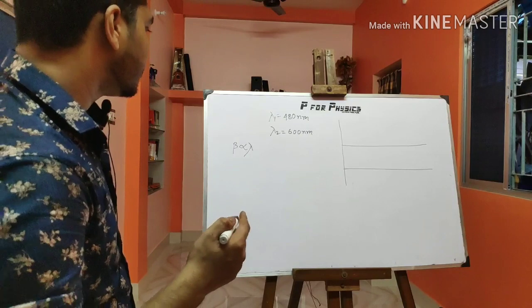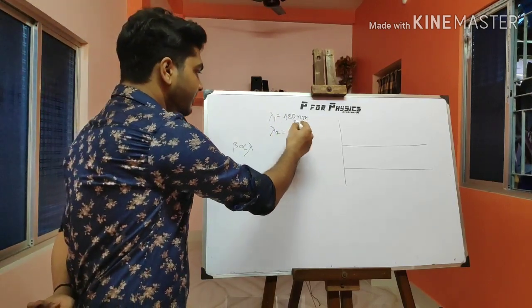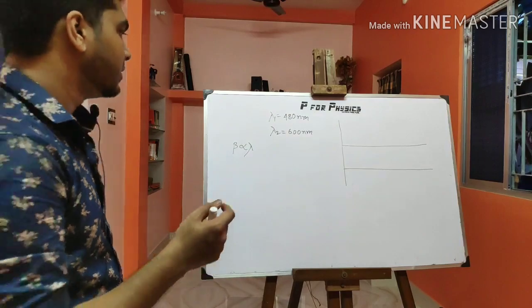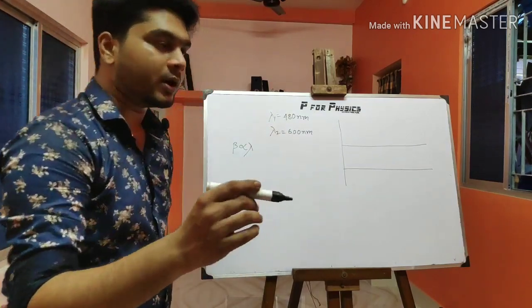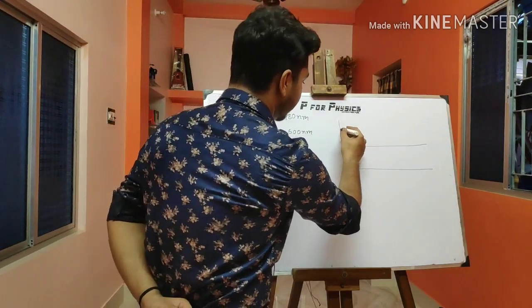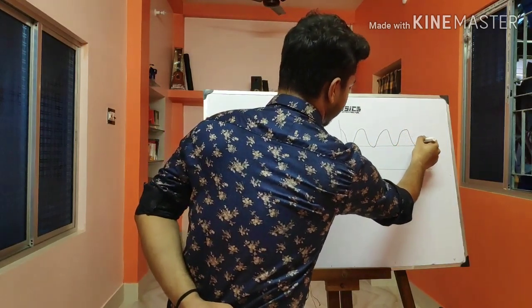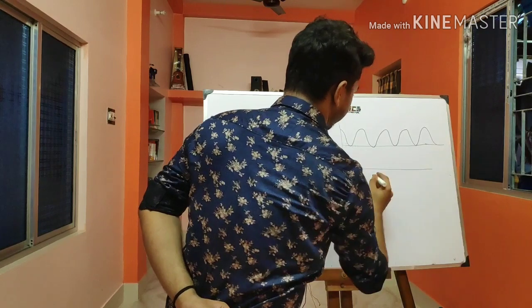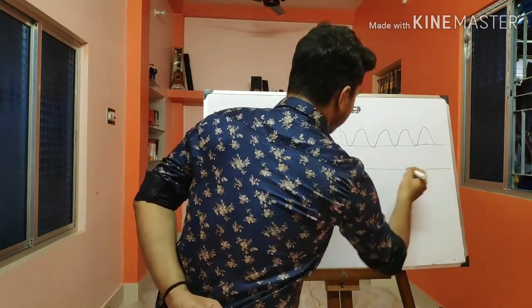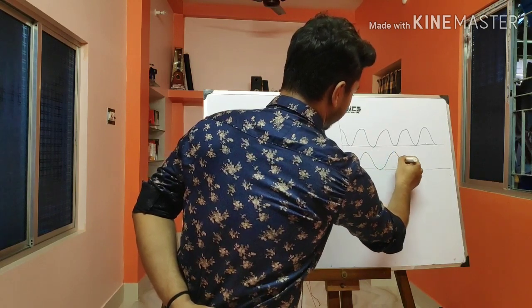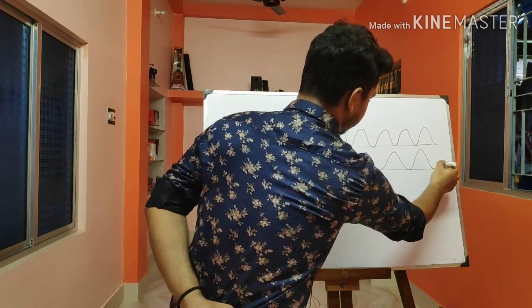So the one with the smaller wavelength will be a little less wide, and this one will be a little more wide. So I draw it like this. Here I am just drawing it arbitrarily, not measuring the ratio of lambdas, so I draw it a little wider.